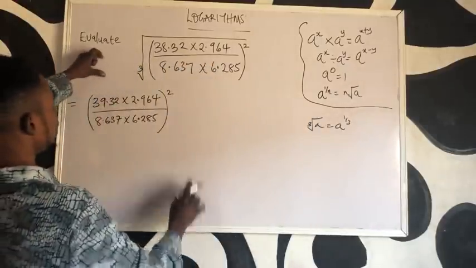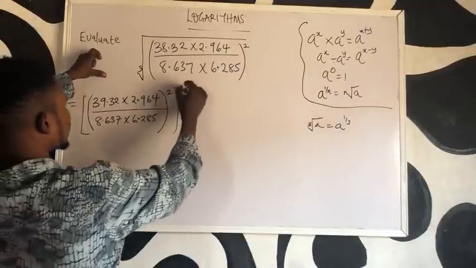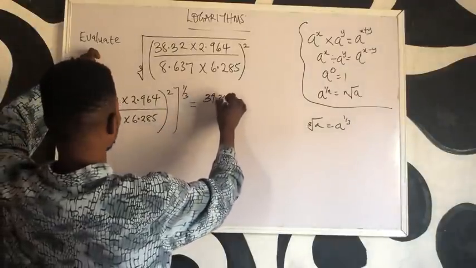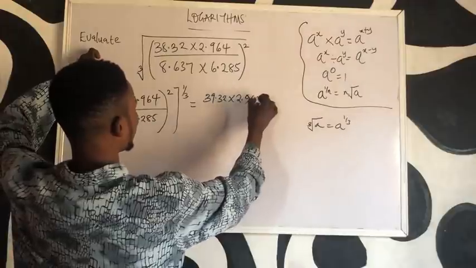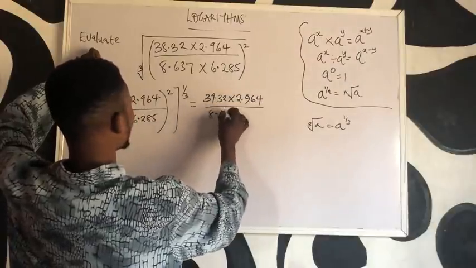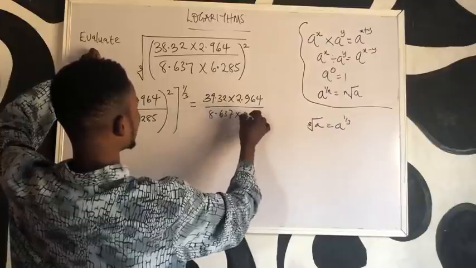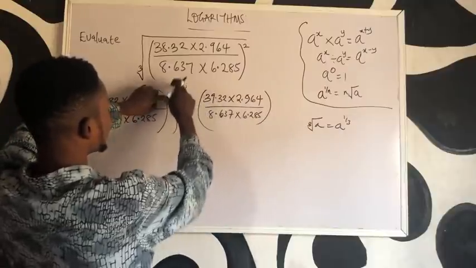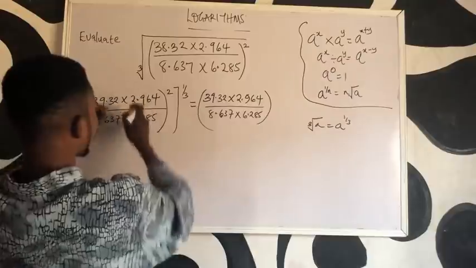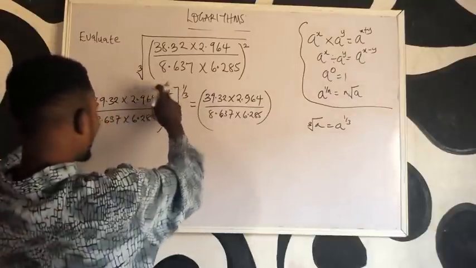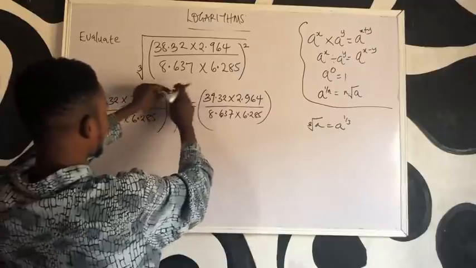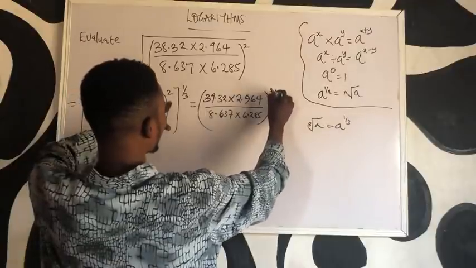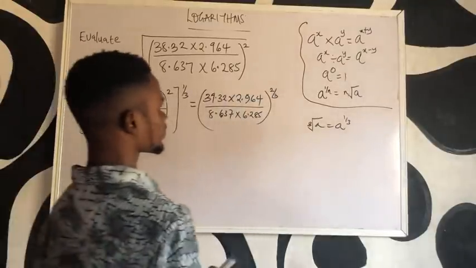So the cube root of this is the same as raising it to the power 1 over 3. When a number is raised to a certain power and the result is raised to another power, the powers multiply themselves. That's 2 times 1 over 3, which is 2 over 3.